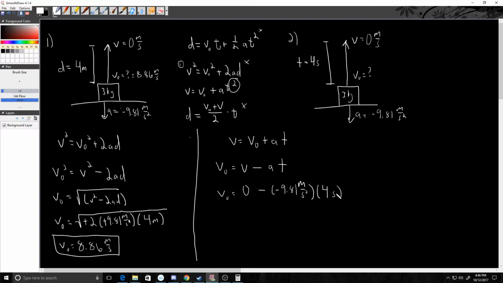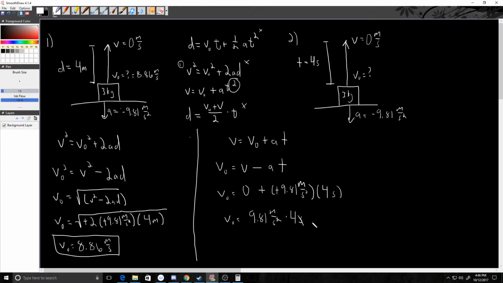All right, and I can kind of see where the seconds up top here will cancel that square there. So really VO is equal to subtracting a negative, same as adding a positive. Those cancel. That's not right. It's more like negative times a negative is a positive. 9.81 meters per second squared times 4 seconds. Seconds cancels that.